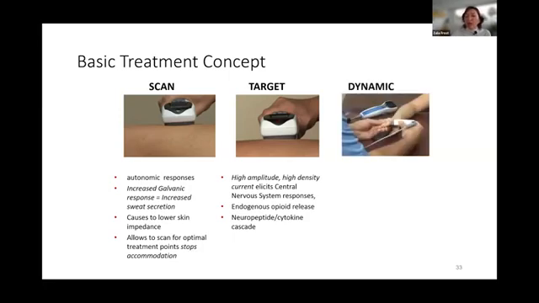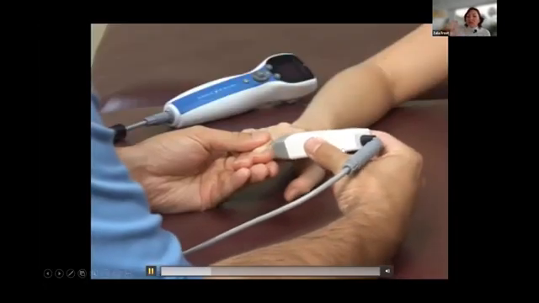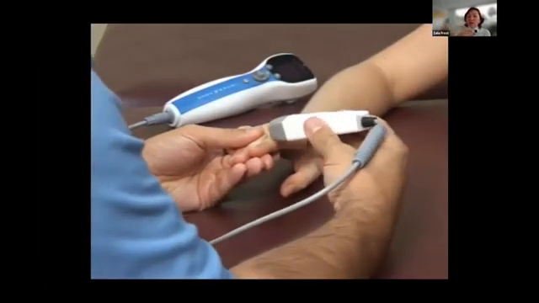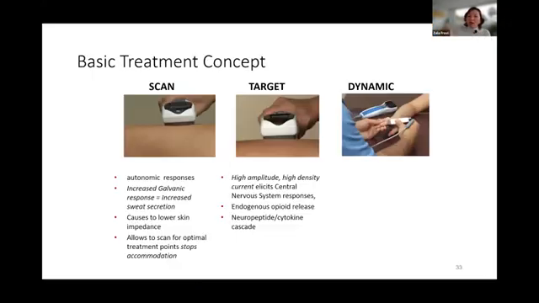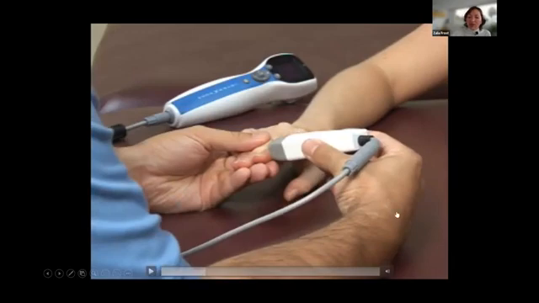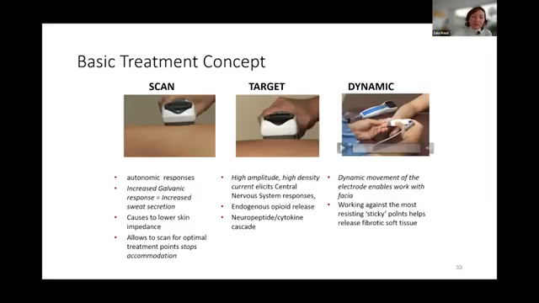And then lastly, we start moving the device over this area, yes, in different directions. Dynamic movement of the electrode enables work with fascia, working against the most resistant sticky points and helping release fibrotic soft tissue.